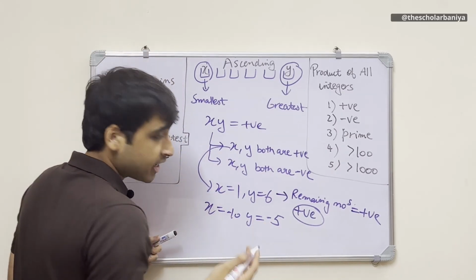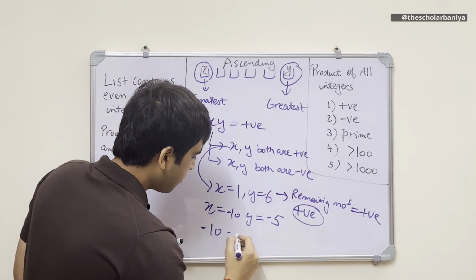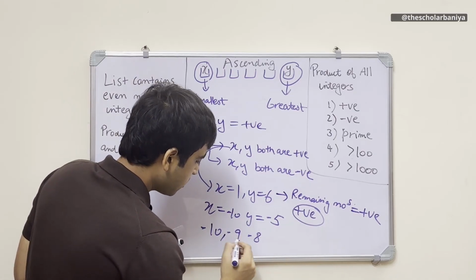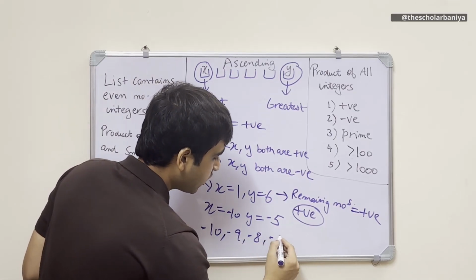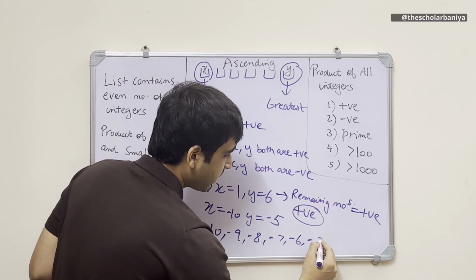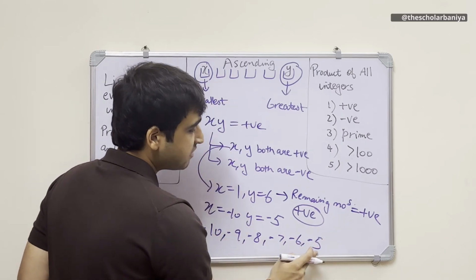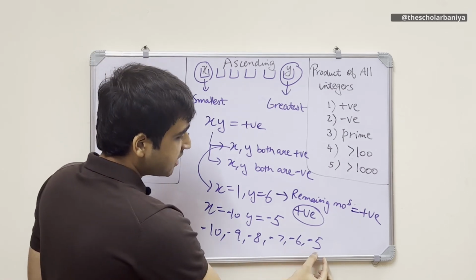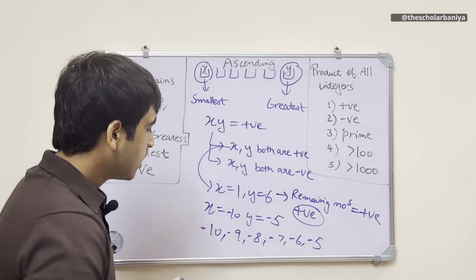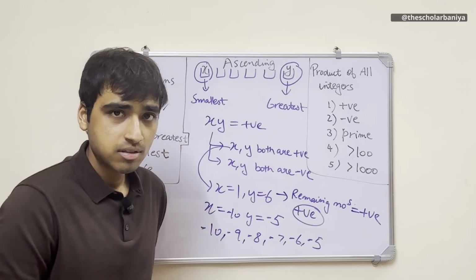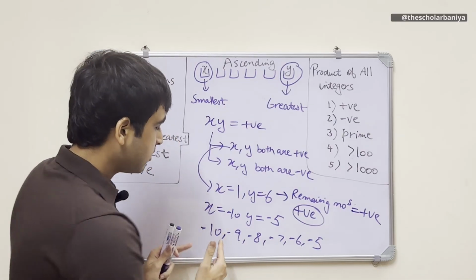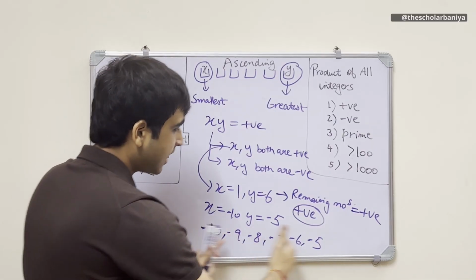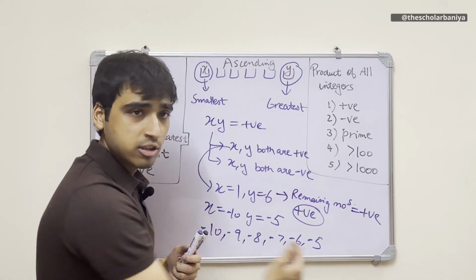So the list becomes minus 10, minus 9, minus 8, minus 7, minus 6, minus 5. That is 6 numbers. This number and this number are both negative, so obviously all the remaining numbers will also be negative because they are between these two.